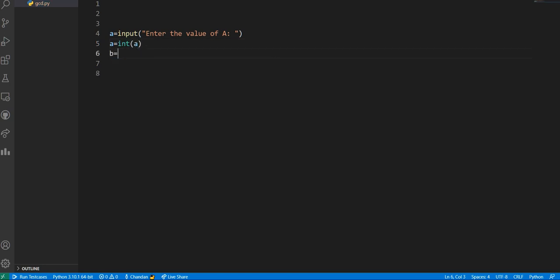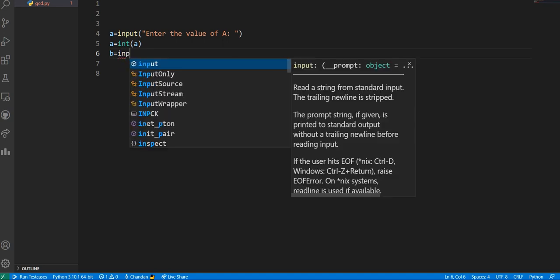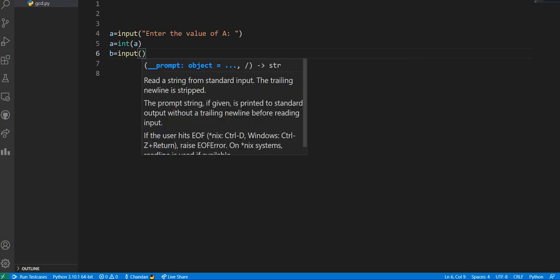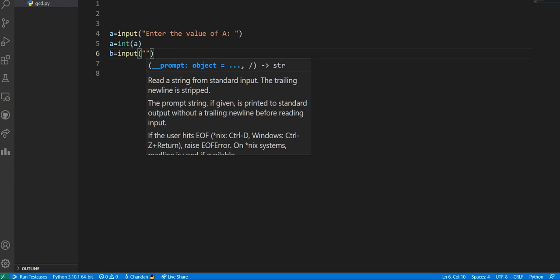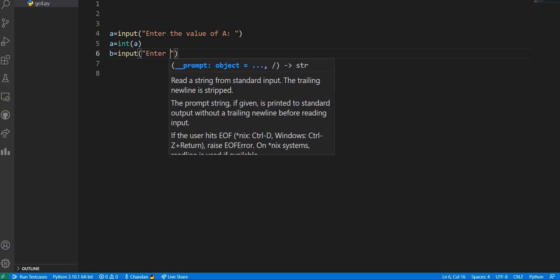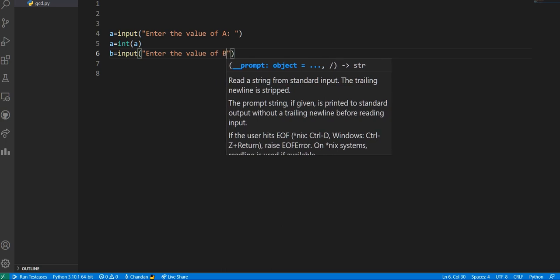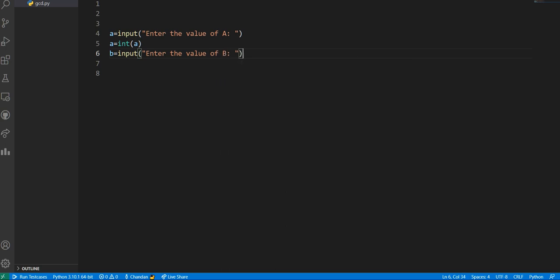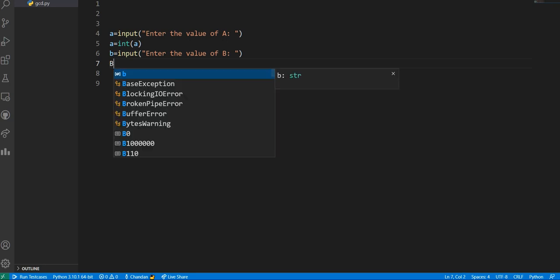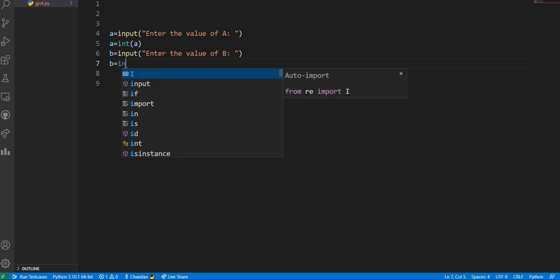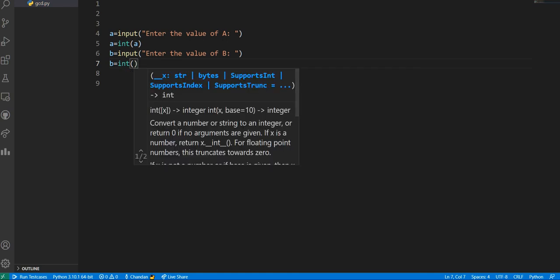Then I will do input, enter the value of B. I'll do again b equals int of b.